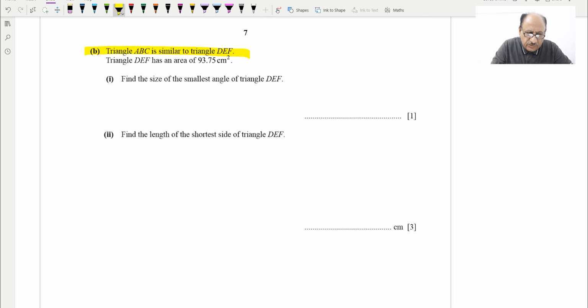Triangle ABC is similar to triangle DEF. Triangle DEF has an area of 93.75 centimeters squared, and they're saying find the size of the smallest angle of the triangle DEF.